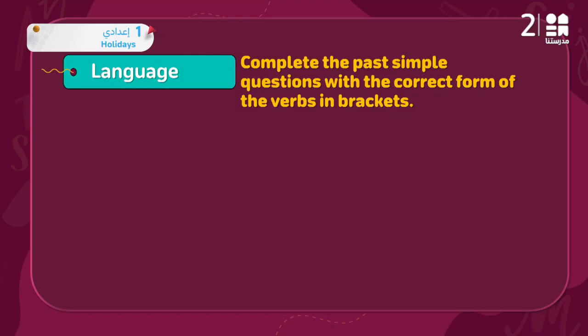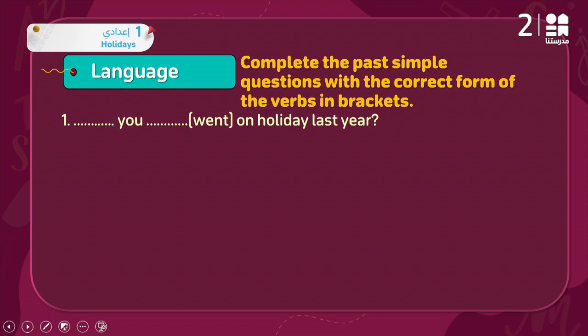Complete the past simple questions with the correct form of the verbs. Here I have a space, you, and then the verb went in the past simple, on holiday last year. If I want to complete this question, I have to add the auxiliary did and I have to use the basic form of the verb.